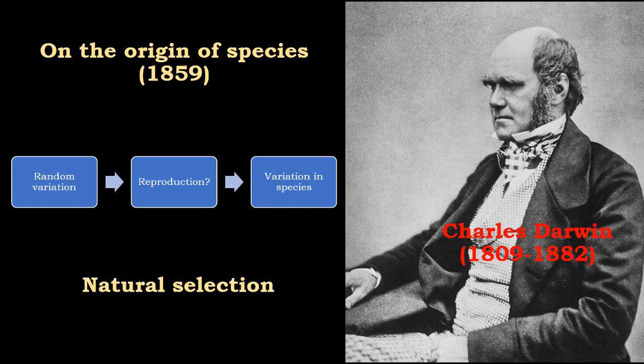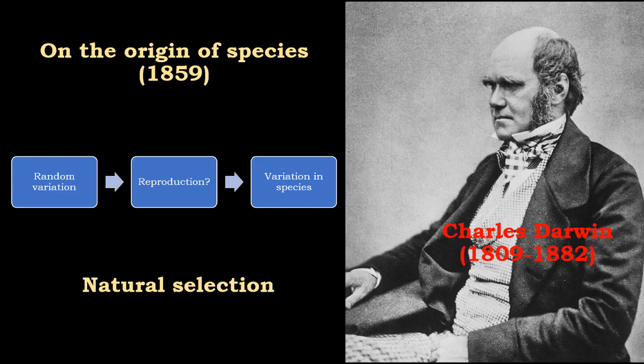So, random variation produces changes in the offspring, and then if these offspring reproduce, the species acquires variability. And the accumulation of changes produces major changes in the species. And that's how the different species appear. That's the process of natural selection.